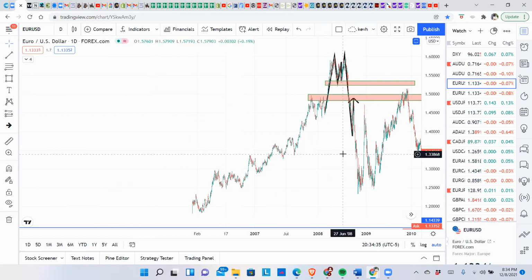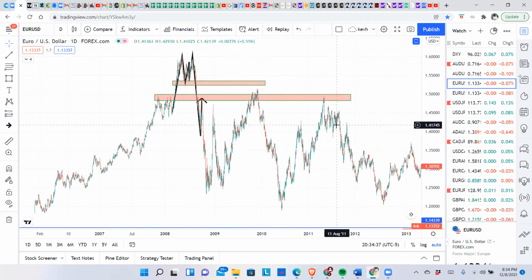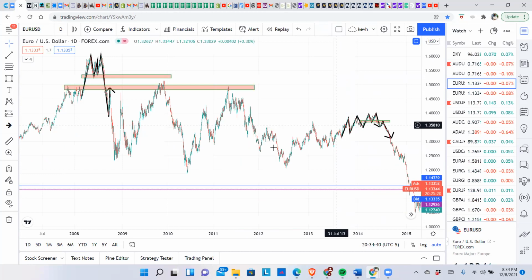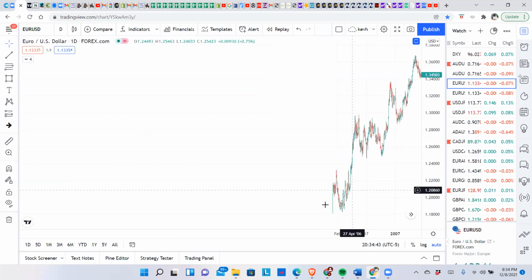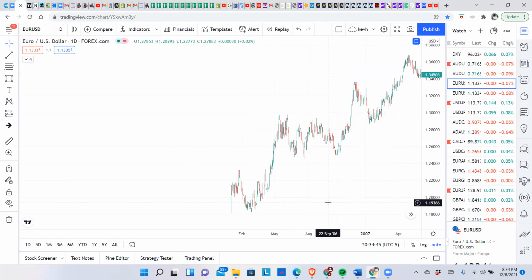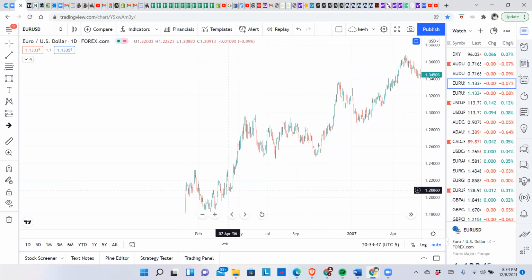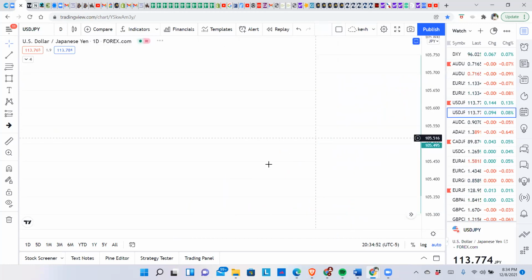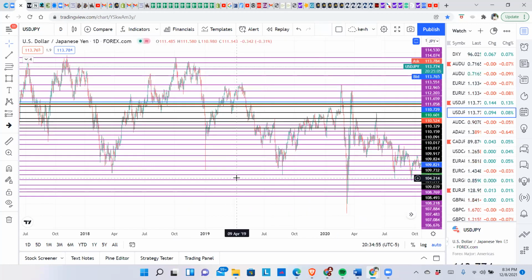So double tops. I'm trying to look at double bottoms, but I'm not really seeing any. If this would maybe open up for us, we could maybe identify something there, but I'm not seeing it. Let's look at USD JPY. Maybe we could see a double bottom in USD JPY.